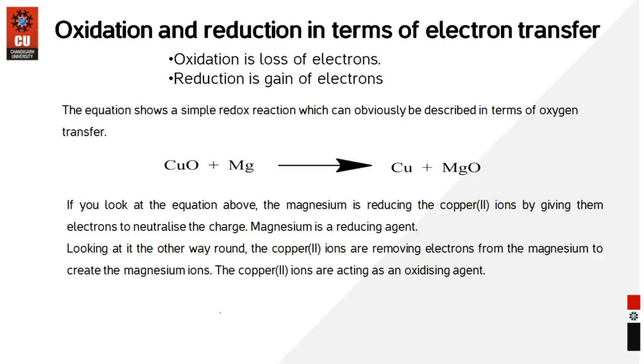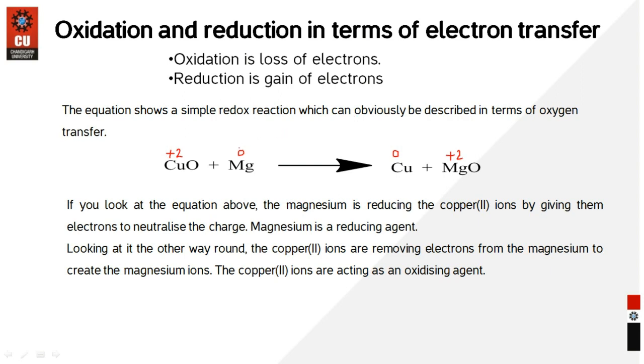So let's talk about one more term in which oxidation and reduction are generally discussed in terms of electron transfer, and we know that loss of electron is oxidation and gain of electron is reduction. If we talk here, the oxidation state of copper is +2 and the oxidation state of magnesium is 0, but if we check here, the oxidation state of copper is 0 and the oxidation state of magnesium is +2.